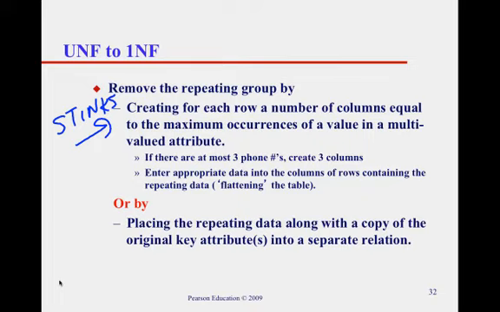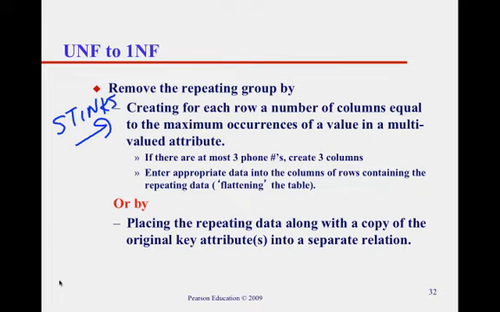So maybe you can bound the potential number of values that you have for an attribute. And in that case, you could create that number of columns.